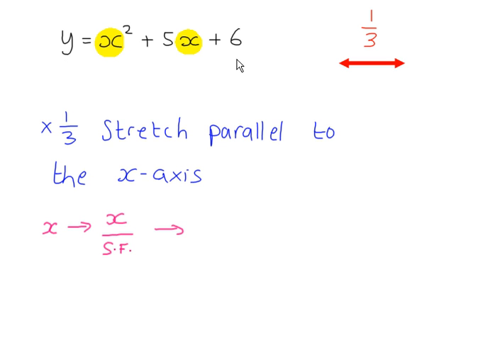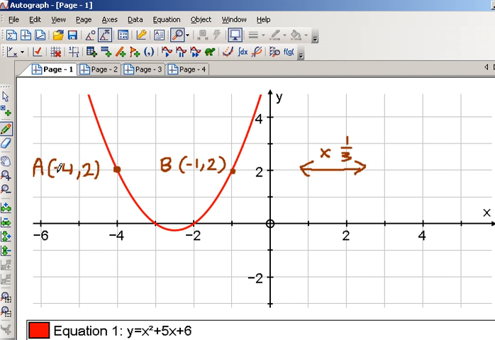Starting with the same curve again, this time we're going to apply a stretch of ×1/3 parallel to the x-axis. Looking at the graph, this is the graph before any transformation has been applied. So if we're stretching in the x direction, the x coordinates will be multiplied by the stretch factor, which is 1/3.